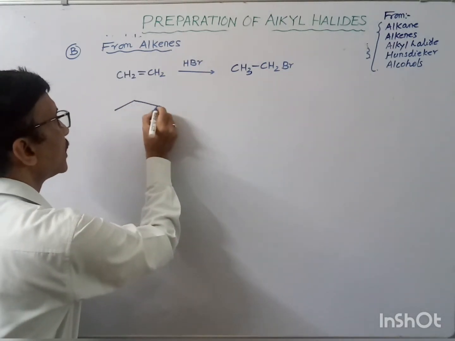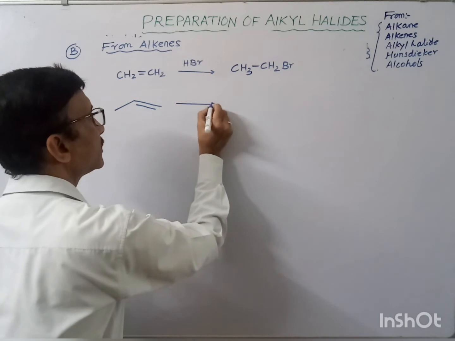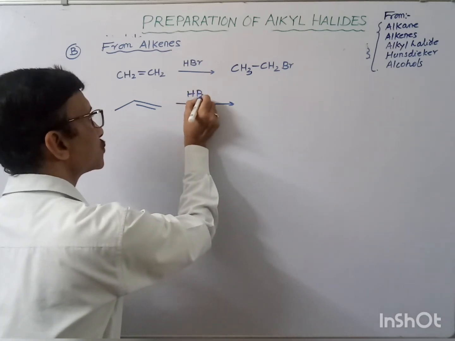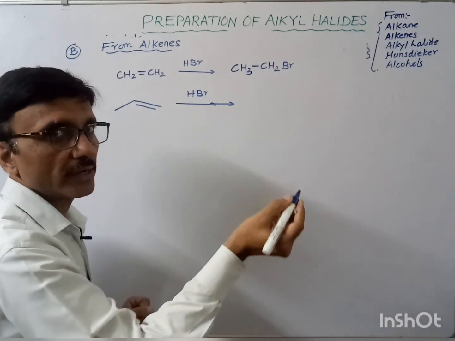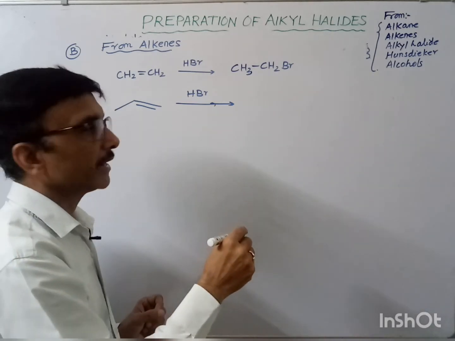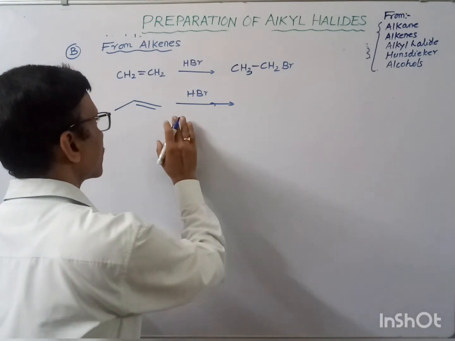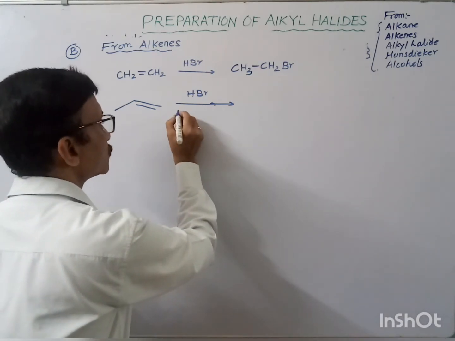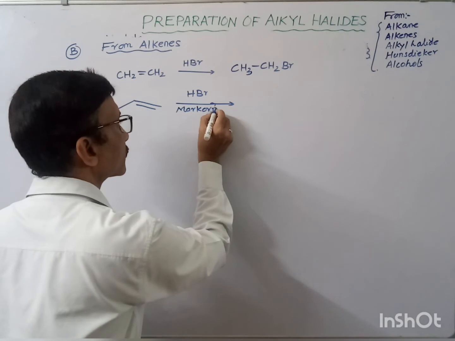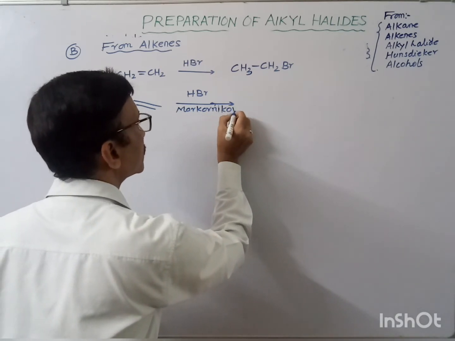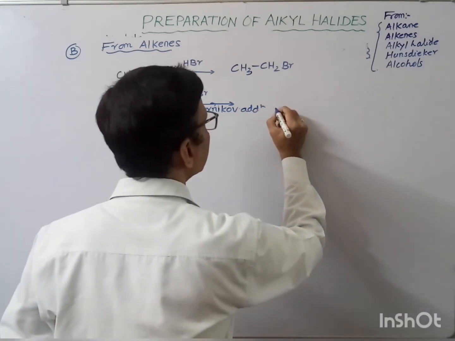Now if we have an unsymmetrical alkene, suppose propene, in presence of HBr, this follows either the anti-Markovnikov rule in presence of peroxide, or it may follow the Markovnikov rule in absence of peroxide. Suppose the addition is Markovnikov addition, then what will we get?